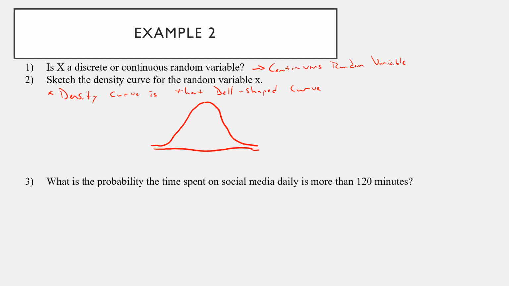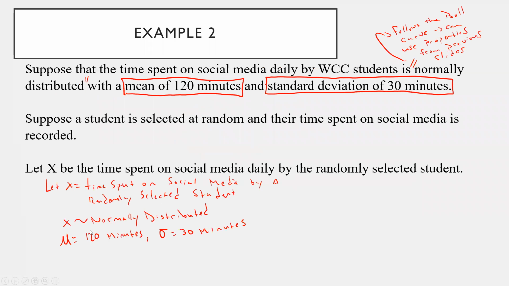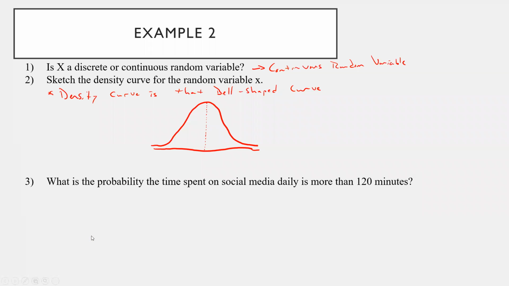The high point of the curve, okay, I'm going to draw a dotted line down. This high point of the curve is going to occur at whatever the mean is. So the mean is 120 minutes, so I'm going to put 120 here. And then I'm going to count standard deviations.